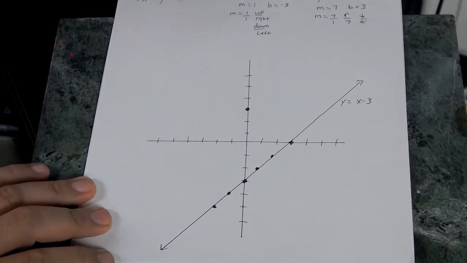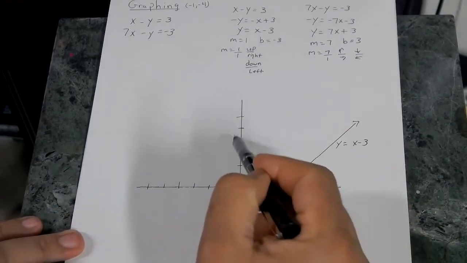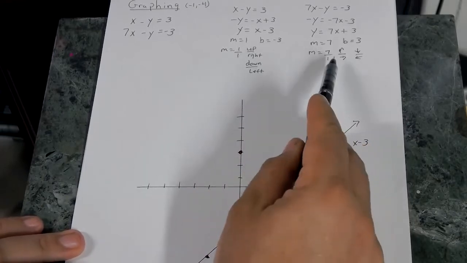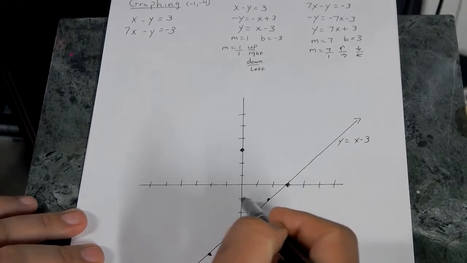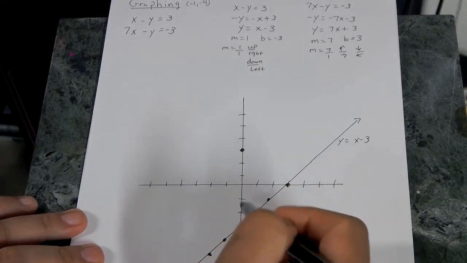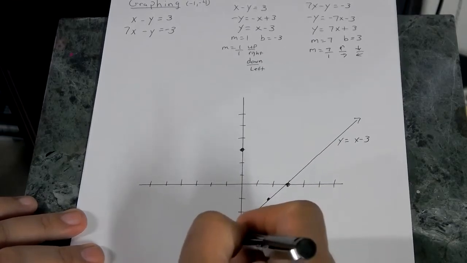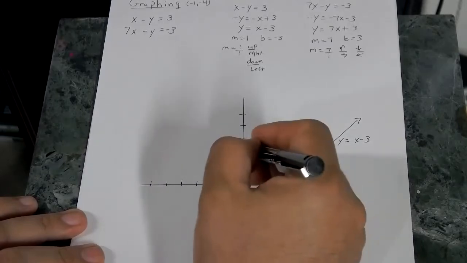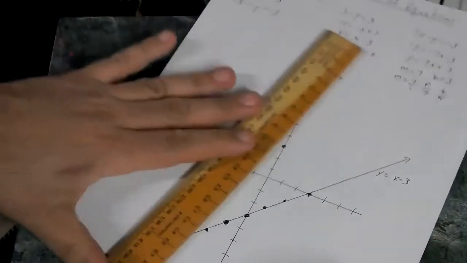The second one, 7x plus 3. I'm going to start at 3, and it says to go up 7 to the right 1. Well, I'm not going to go up 7 to the right 1, but I can go down 7 to the left 1: 1, 2, 3, 4, 5, 6, 7 to the left 1 gives me over here. All I need are technically 2 points to create a line.